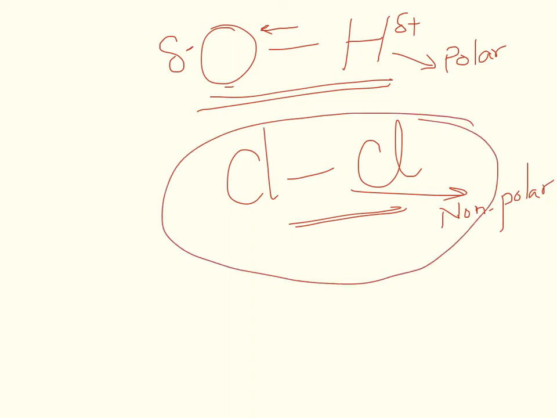For bonds, it's easy to know if a molecule is polar or not. What is a polar molecule? For practical purposes, let's say you had a beaker with polar molecules, so I'm going to represent a molecule like this with positive and negative charge, right?